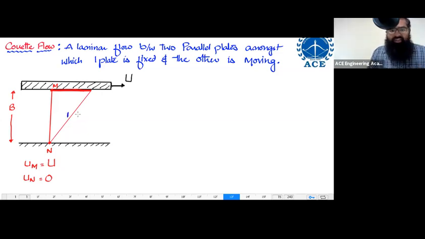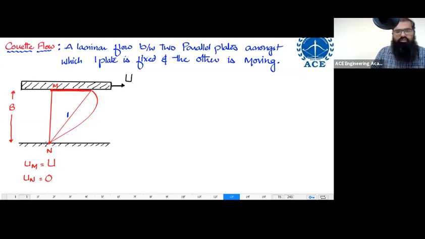The second category is known as forward Couette flow. Right now you won't understand, just look at the diagram and accept it. At the end you will understand. The velocity profile in forward Couette flow is going to look something like this.